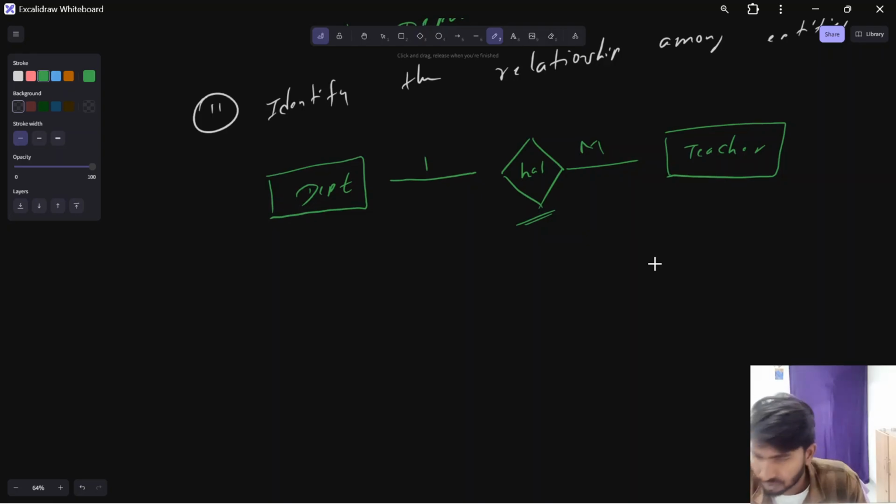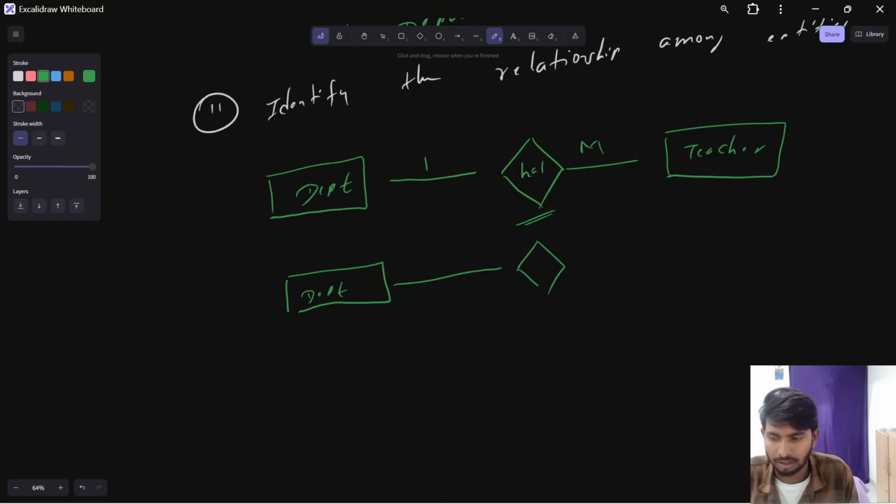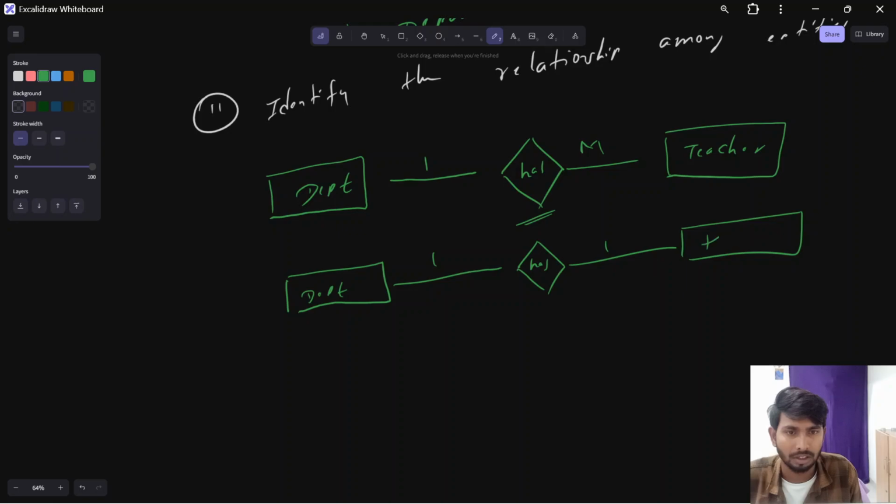Next, department has many teachers, but department has only one head, like HOD. Department has a relationship with only one teacher. So it is the relationship of one to one.